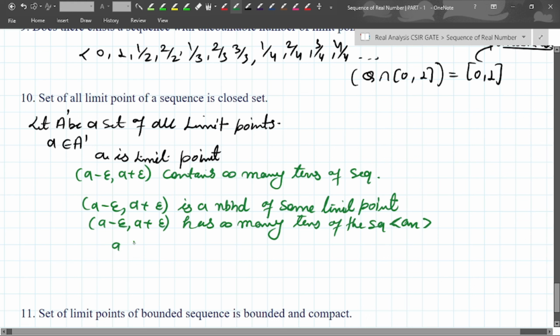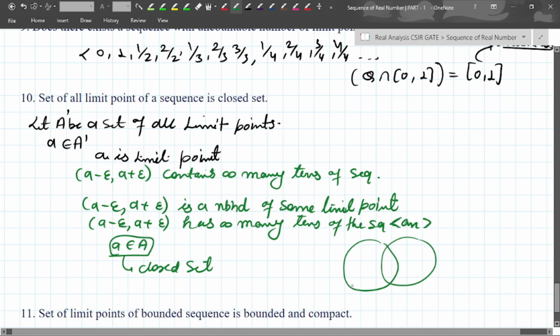It means a belongs to A', which is called a closed set. If a is in the derived set, then a is also inside it. This is the result, you can learn it.